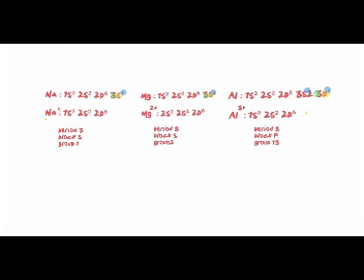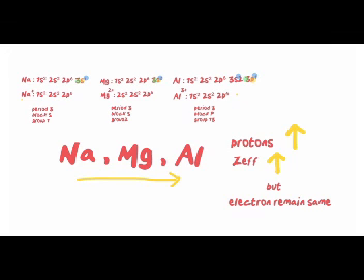As we have studied, from the electronic configuration we can know where all these elements belong in the periodic table. For example, Na is in period 3, block s, group 1, while Mg is in period 3, block s, group 2, and Al is in period 3, block p, group 13. If we look at the periodic table, Na, Mg and Al are in the same period.